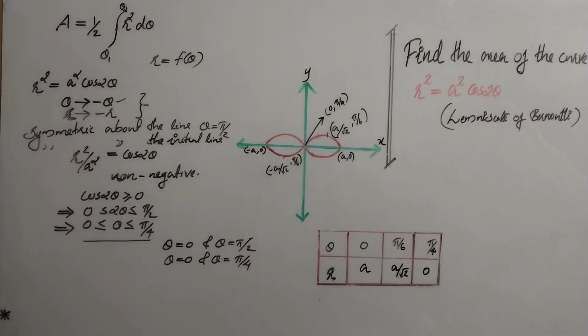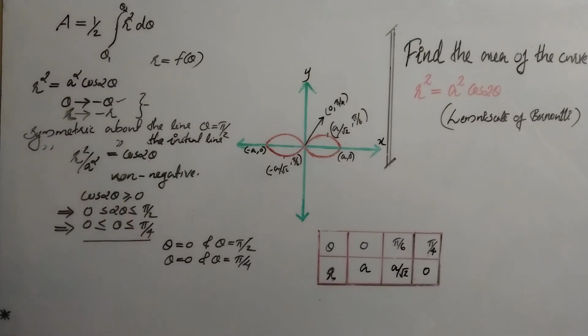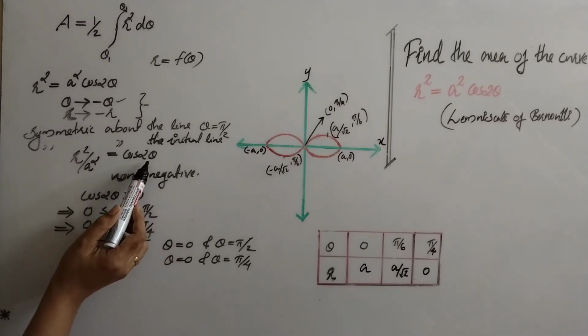When theta varies from 0 to pi by 4, r varies from a to 0. When theta is equal to 0, cos 0 is 1. Then r square is equal to a square and r is equal to a. When theta is equal to pi by 6, 2 theta is what?